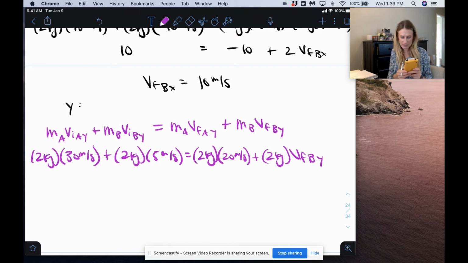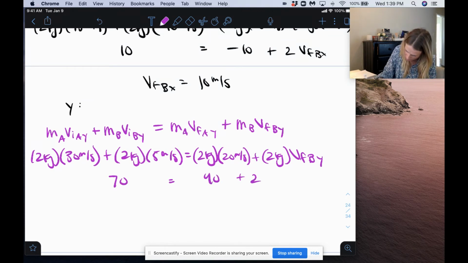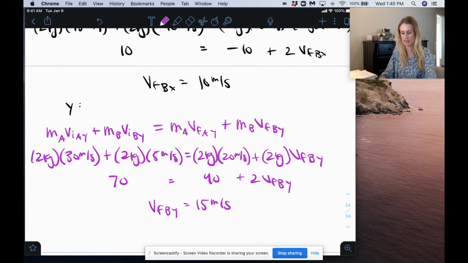So again, starting with the left-hand side, I get 2 times 30 plus 2 times positive 5, which is 70 on that left-hand side, equals 2 times 20 is 40, plus 2 v final B y. 70 minus 40 is 30, divided by 2, we get v final B y is equal to 15 meters per second.